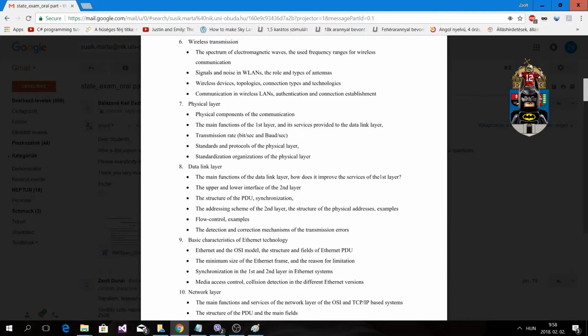The standardization organizations of the physical layer are connected with the previous one, because here I believe you don't have to learn standard organizations by heart. Of course, here you can mention the IEEE that defines the electrical means for the physical medium. And of course, there are other organizations that, for example, determine what connectors and other things we should use.